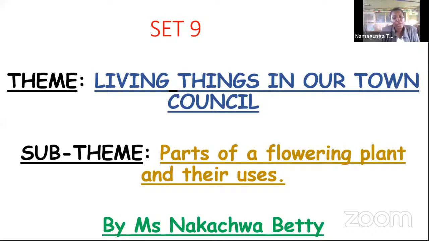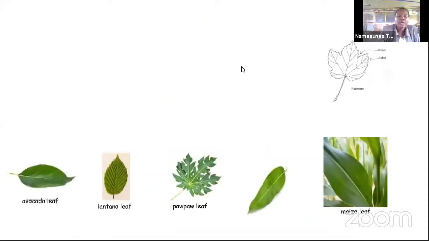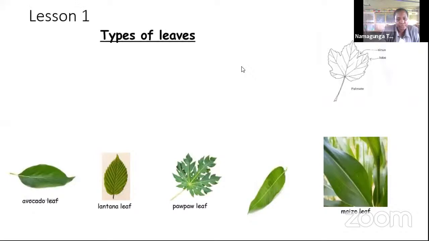When I talk of the apex, the leaf stalk, the leaf veins, the leaf margin, you understand. So today, set 9, we are looking at the types of leaves. There are 2 types of leaves.